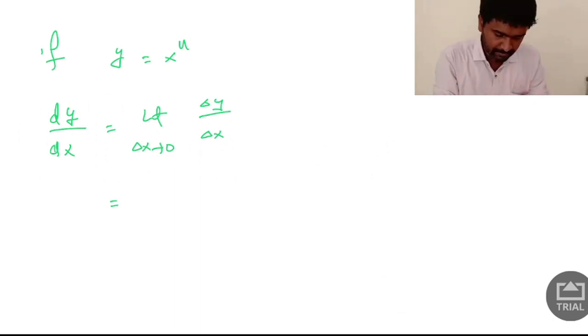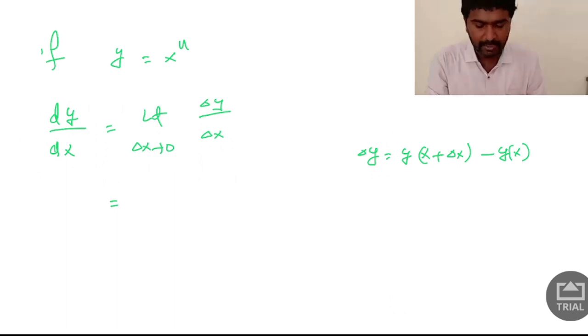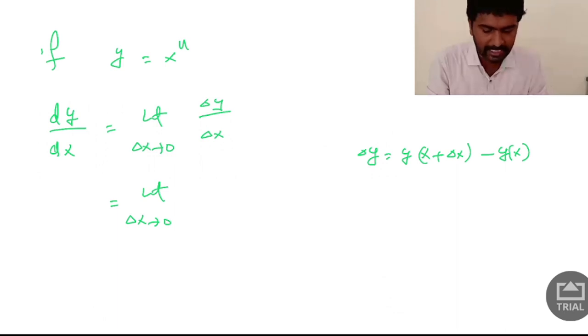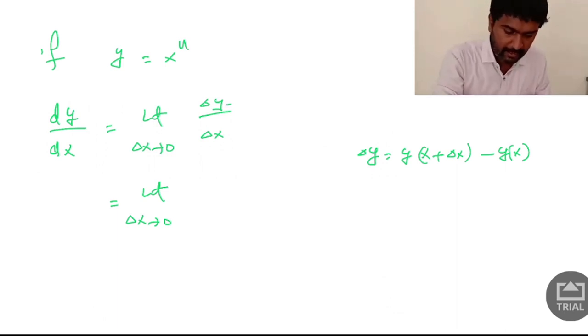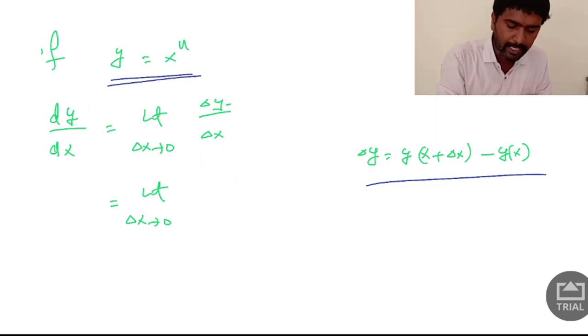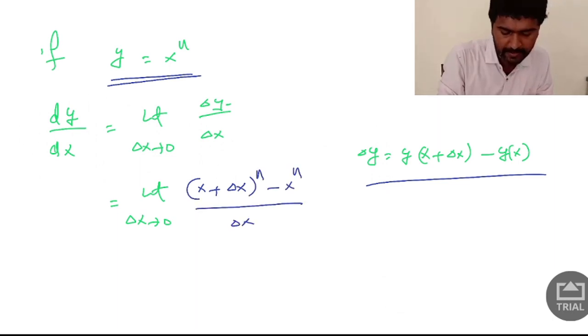As I said, delta y equals y of x plus delta x minus y of x. Since y equals x power n, y of x plus delta x is x plus delta x whole power n, minus x power n, by delta x.